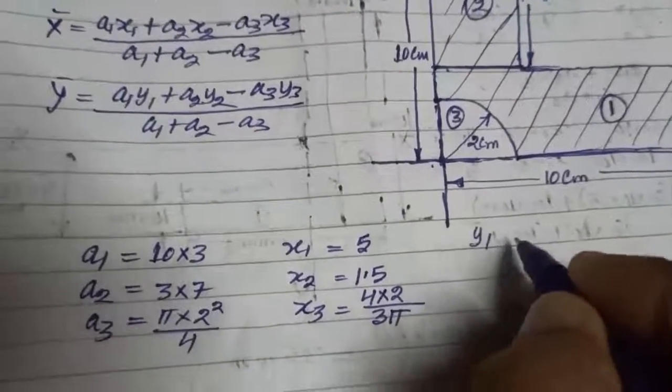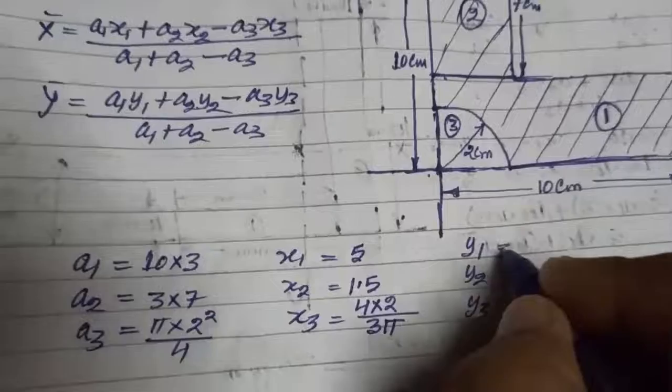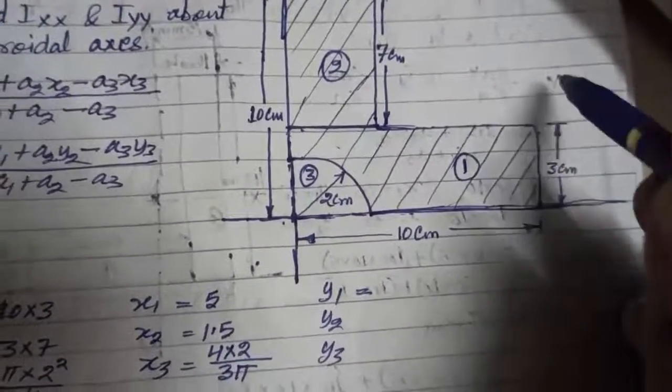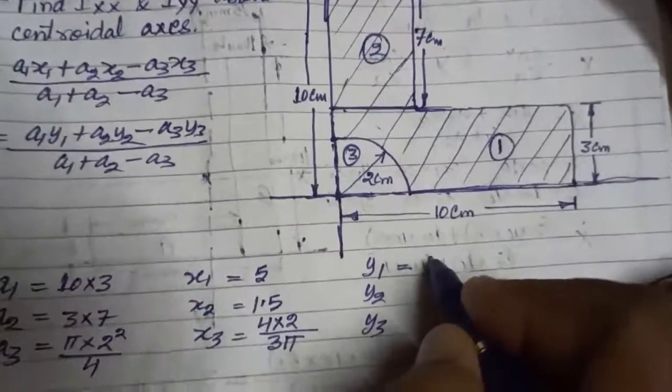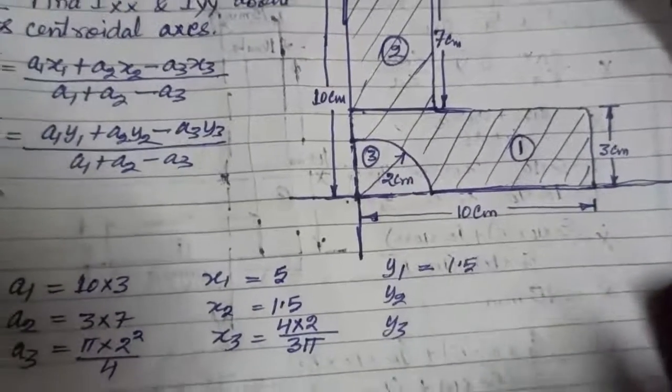Now Y1, Y2 and Y3. Y1 is from the x-axis, so this is 3 by 2 for Y1, so 1.5.